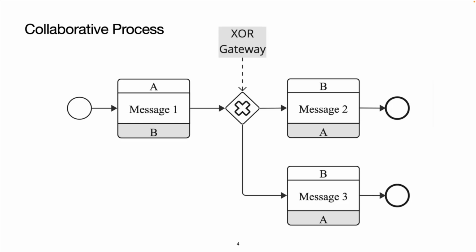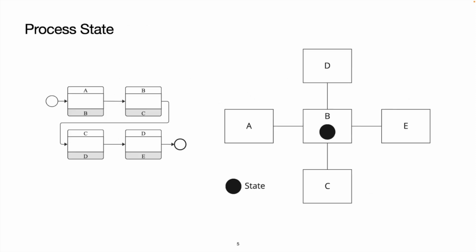Now, where exactly is the process state handled? Supposing we have a lot of participants here, not just A and B, more than two participants, where do we handle the process state? We could go with a centric solution. For example, here we take B as a central point that controls the entire process state.